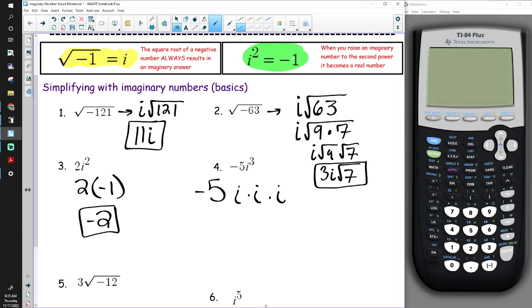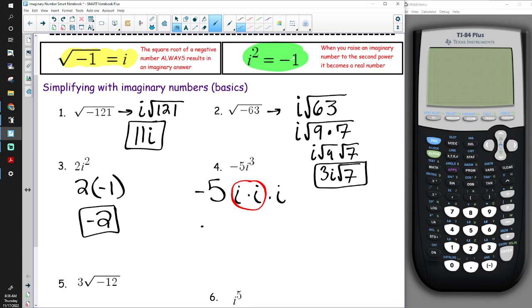The reason we're writing it this way is because we know every 2 i's is going to turn into -1. So if I group these 2 i's, they will turn into -1. Does this i have a buddy to help turn it into a -1? No. So it's just going to be left there.